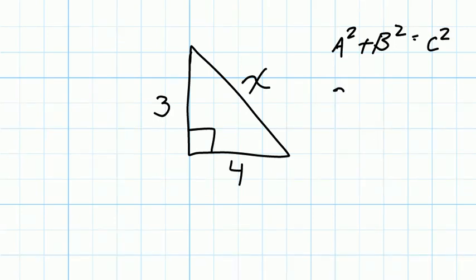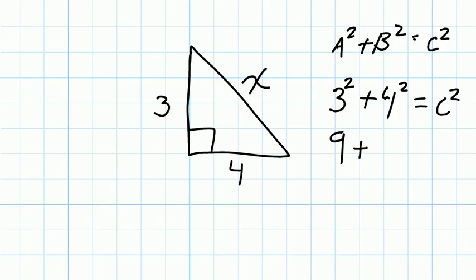So if we take 3 squared plus 4 squared, that will equal our hypotenuse. So 3 squared is just 3 times 3, which is 9. To 9, we're going to add 4 squared, which is just 4 times 4. That gives us 16. And that equals c squared. 9 plus 16 equals 25.